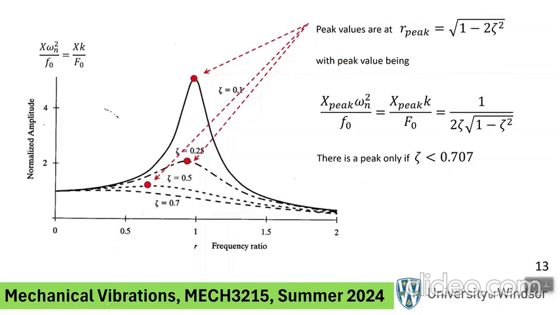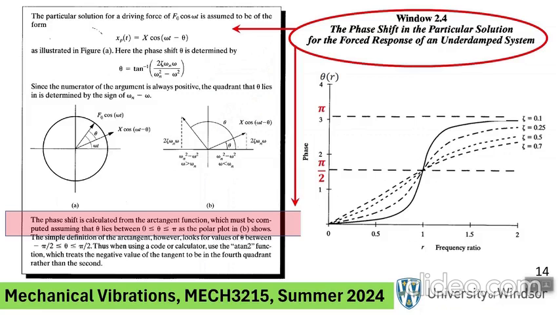As far as the phase goes, there is one thing you have to remember. Obviously you can calculate it, and usually when you calculate theta, the phase, you put it in your calculator, and the calculator will spit out an angle between pi over 2 and minus pi over 2, because you know the tangent of theta, so you have to do the inverse tangent to get theta.